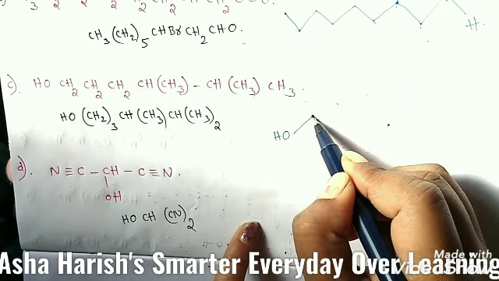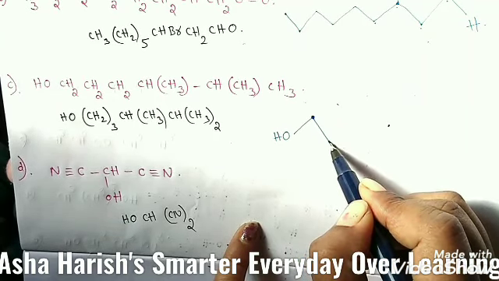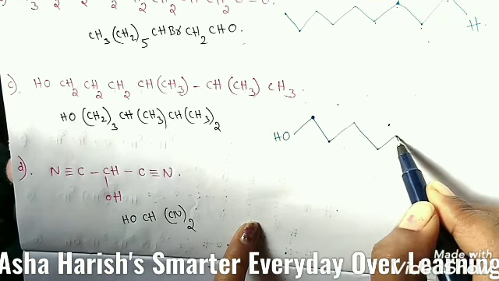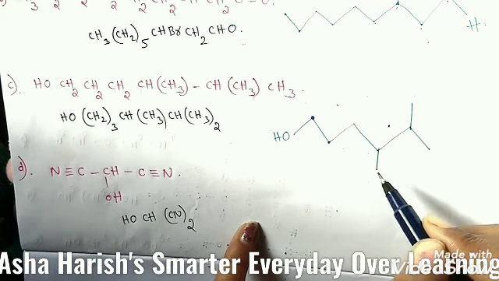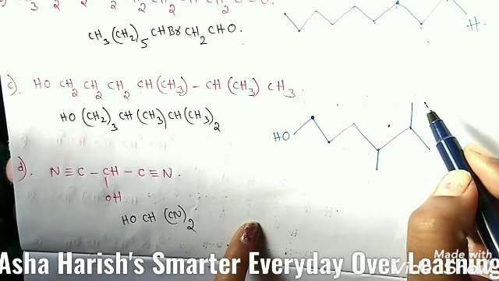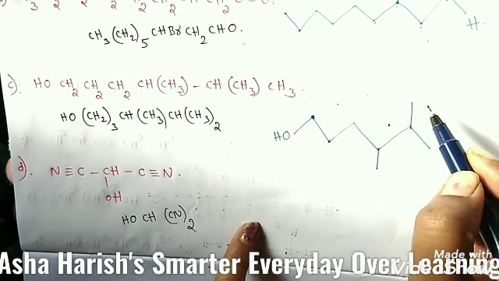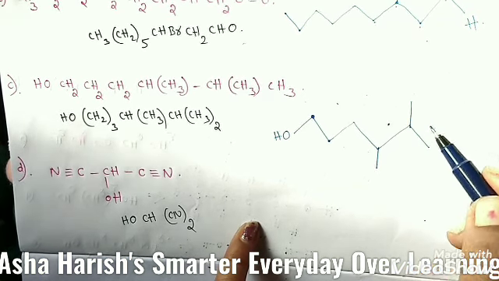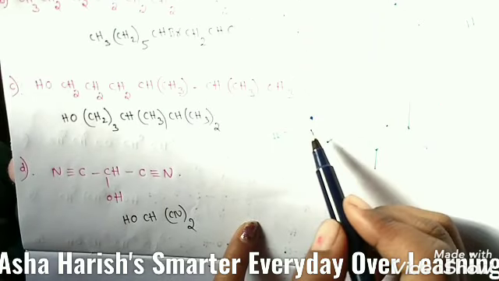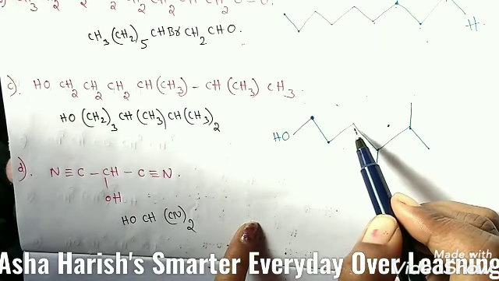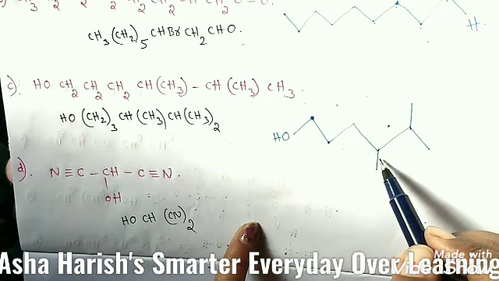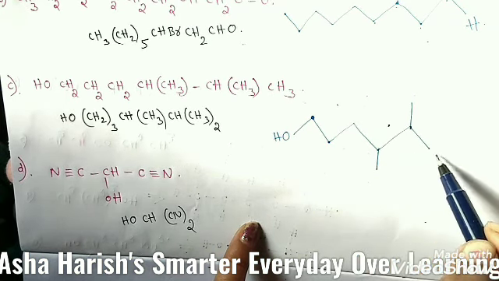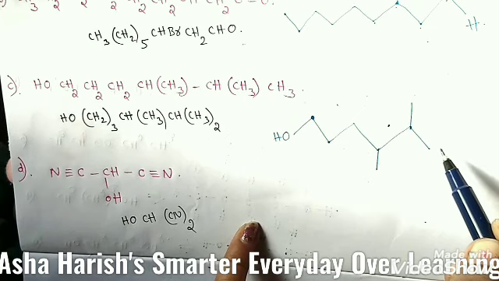This is CH2, here, then here and here. These are CH3s. Why? Because here HO, CH2, CH2, here only CH. Okay, and here again another CH3 group, here one CH, CH3 twice.